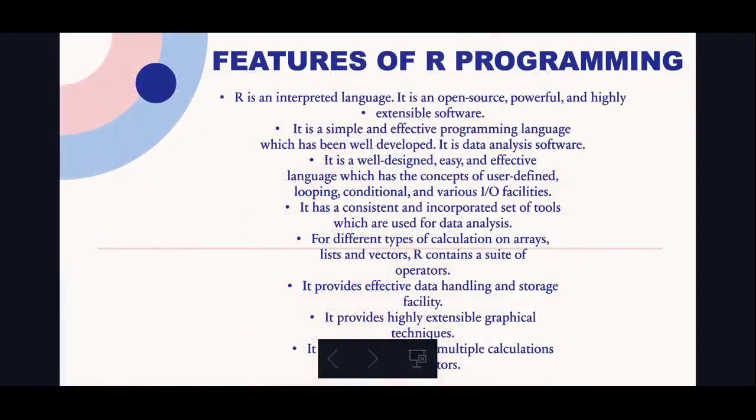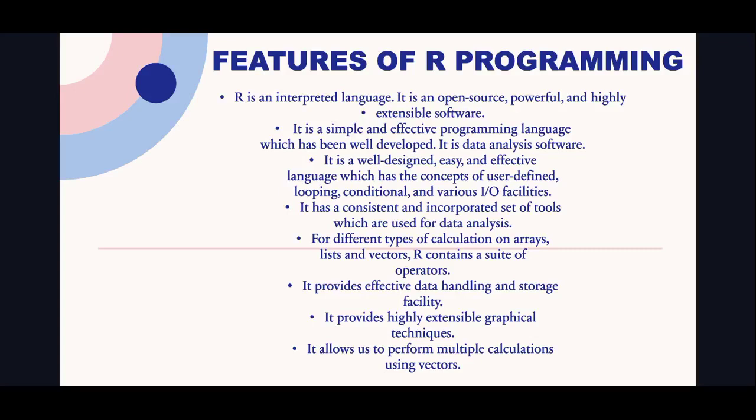So now let us discuss the features of R programming. Features means special attractions of R programming. R is an open source environment and it is an interpreted language. This means R doesn't require any compiler.